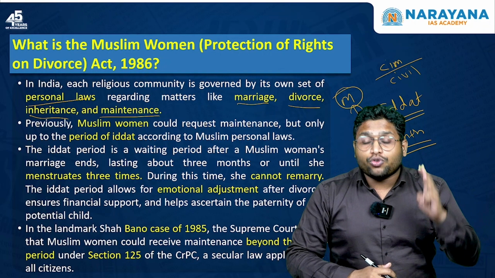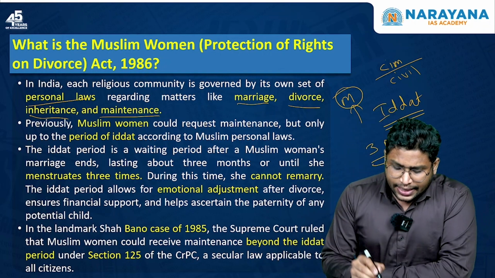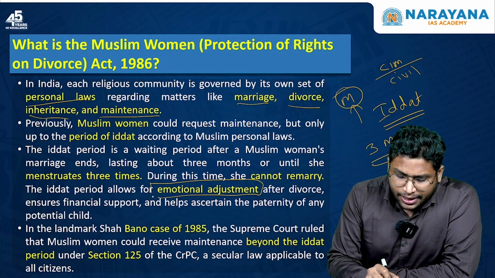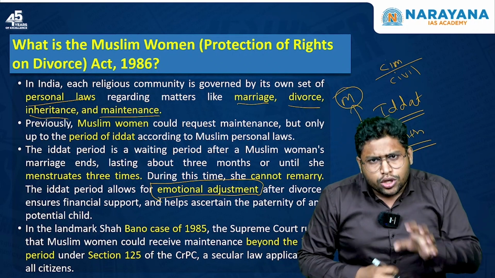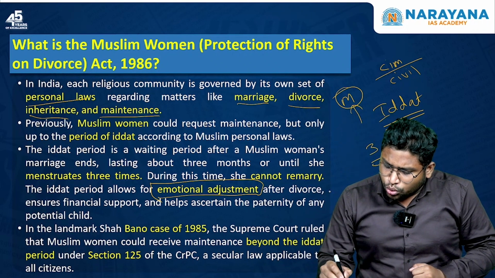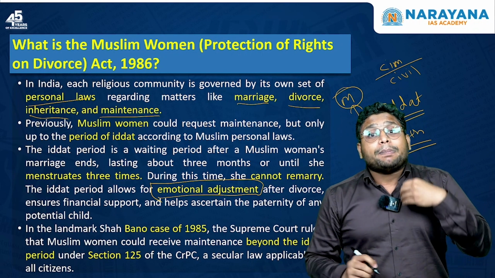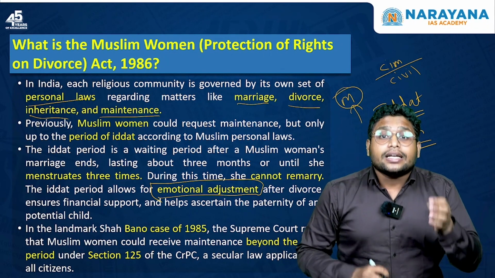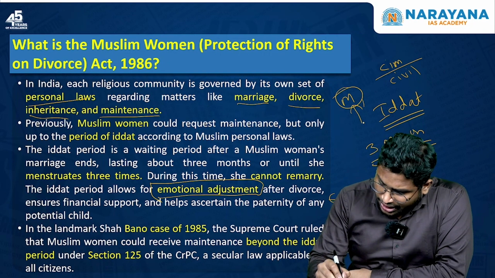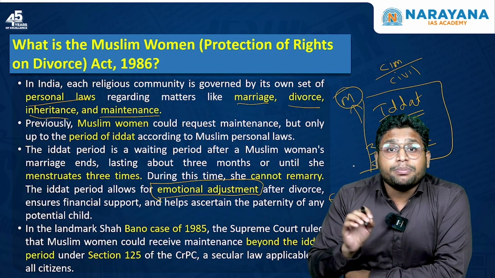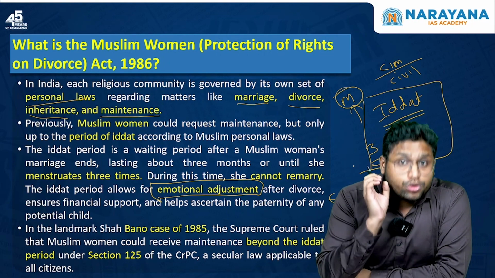She will have to wait for 3 months. It is said that the emotional adjustment after divorce requires some cooling off period. And also, it is very important to see if the lady can get pregnant. In case she gets pregnant, we can know who is the father of that child. So for that reason, this period of iddat has been mentioned under the personal laws of Muslims.